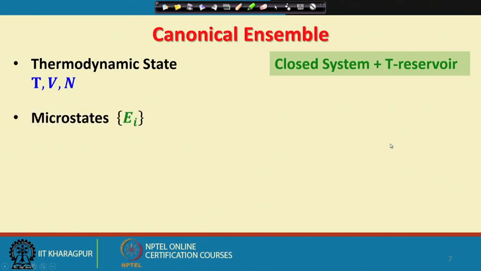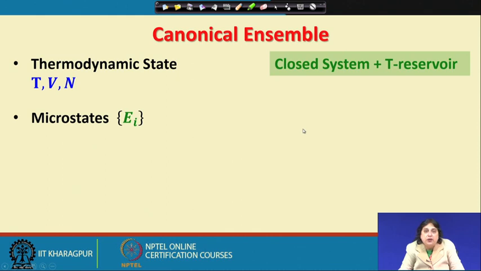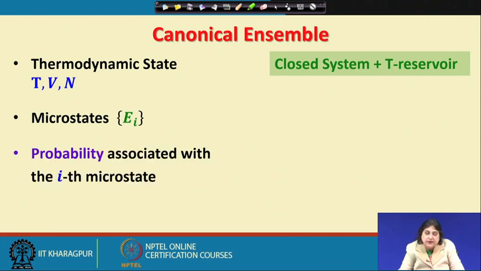So, if I quickly go through the concepts, then we have said that for a closed system in contact with a thermal reservoir, I have all the microstates characterized by the different accessible values of E_i. Then I am asking the question, what is the probability associated with the ith microscopic state that has an energy eigenvalue of E_i?